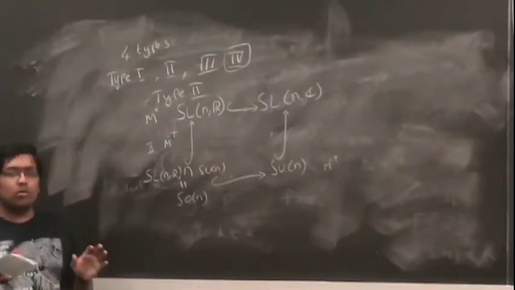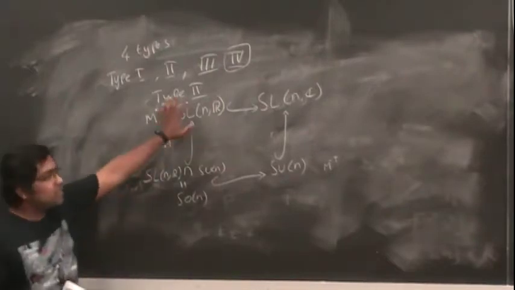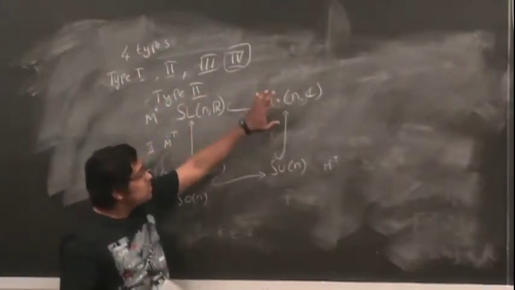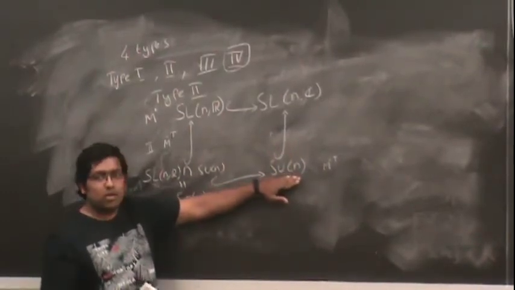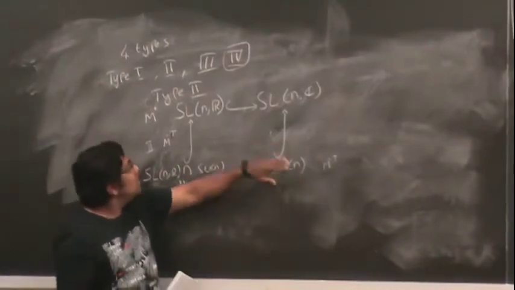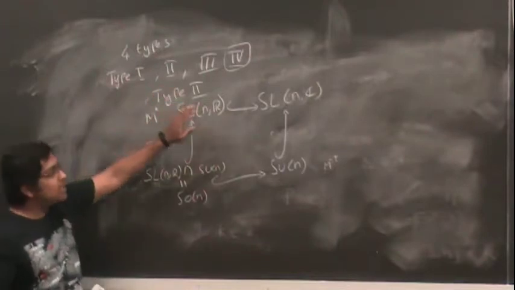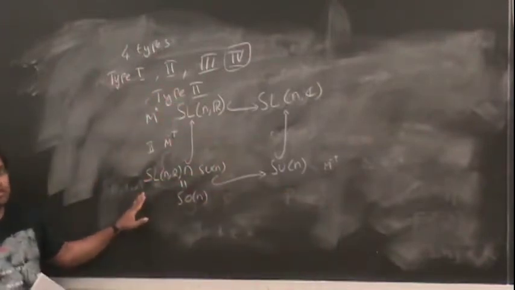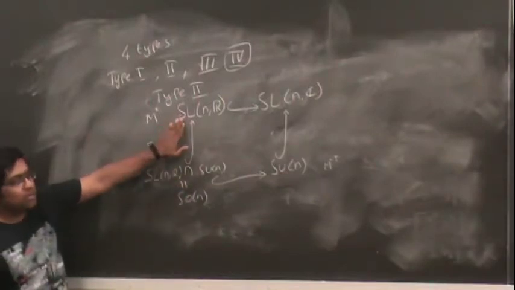Basically, type 2 decompositions we can obtain from taking a real form. So first you take the maximally compact real form which you have defined. So you have SU(N), SO(N) and Sp(2N). Then you can take any other real forms, right? And then take their intersection. So you get a compact subgroup of this.